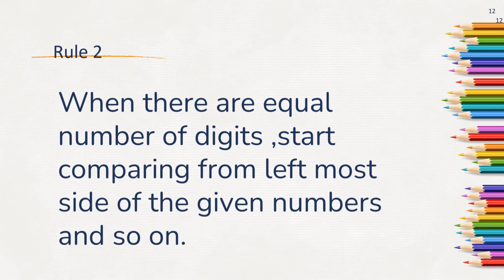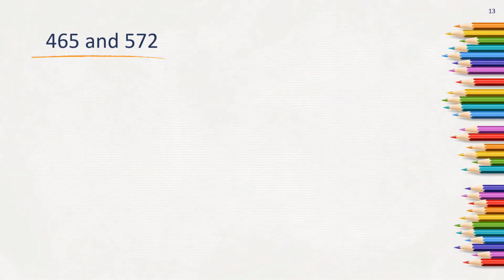Look at an example here. 465 and 572. Both are 3-digit numbers, right? So we need to start comparing from the leftmost side. What is the number on the leftmost side of the first number? 4. In the second number? 5, right?